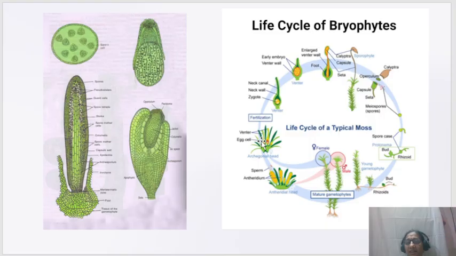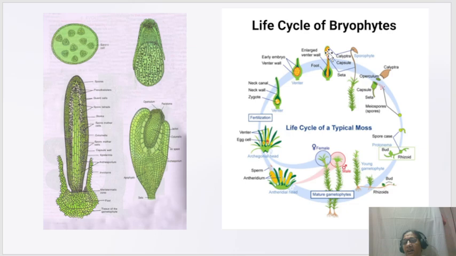When fertilization takes place, the zygote is formed, and it develops into a diploid structure, which we call the foot, seta, and the enlarged venter of the capsule. This sporophyte is dependent on the gametophyte.